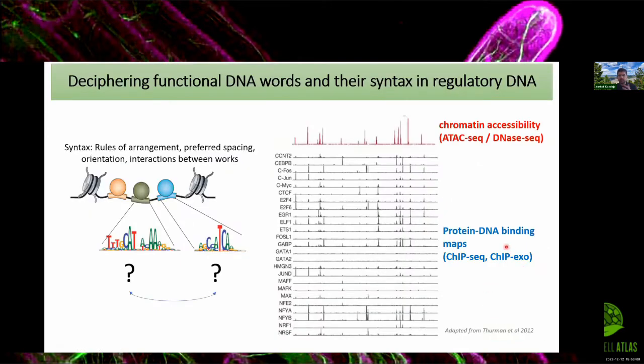So I'm going to focus on the first part, which is trying to understand the syntax of regulatory DNA. As you know, transcription factors are proteins that bind regulatory elements. They are sequence specific, with landscapes of affinity for specific sequences, and they rarely function independently. They typically form complexes. They bind DNA in highly cooperative, competitive manners, often competing with or cooperating with nucleosomes.